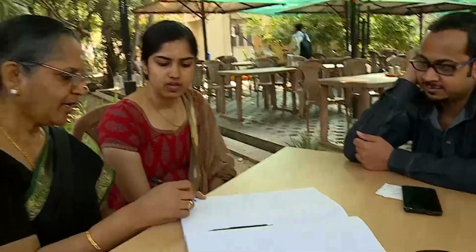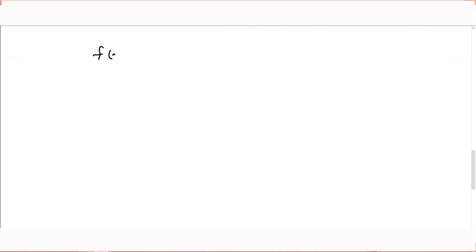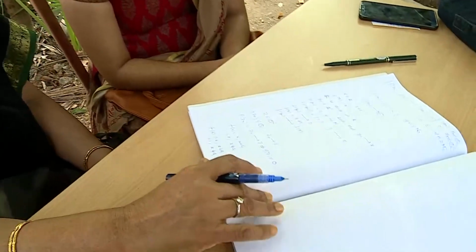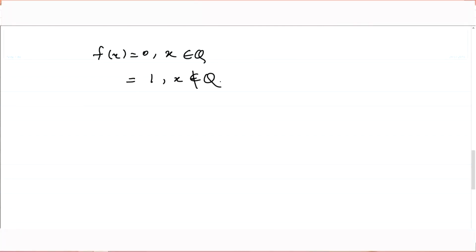Then what can you say about this function? Suppose I give you a function f of x equal to 0 for x in Q, and 1 for x not in Q. Is the function continuous? It is discontinuous everywhere. Exactly. So, here is another example of a function having uncountably many discontinuities.